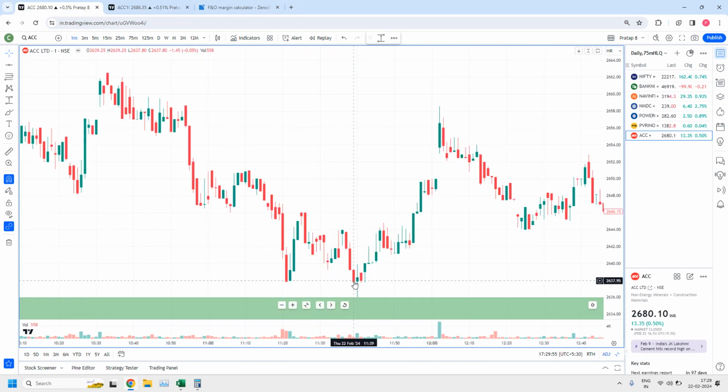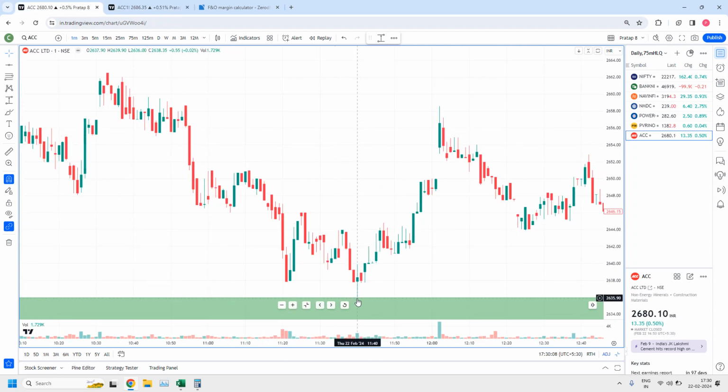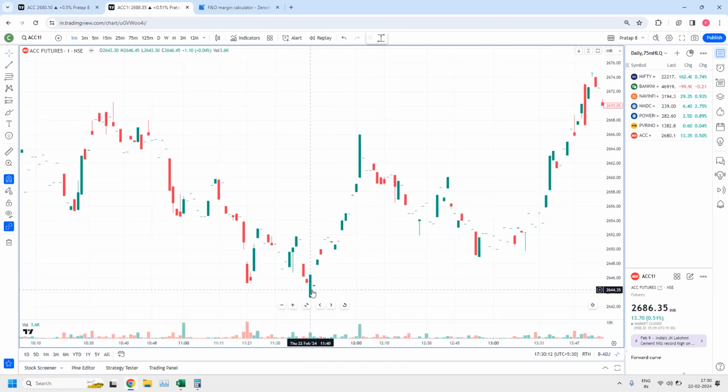And which candle is it? What time? 11:40. Now let me go to the 11:40 candle. See, this is the one. In the 11:40 candle, almost the low of this candle. Here also check, give the value of the low of this candle at 11:40. What is the low of this candle? 2643.30.